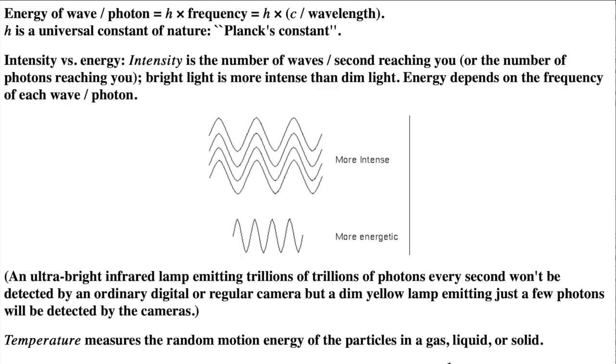A bright light is more intense than a dim light, but may not be more energetic. For example, an ultra-bright, intense infrared lamp emitting trillions of infrared photons every second won't be detected by an ordinary digital camera. But that camera will be able to detect something putting out just a few visible light photons.